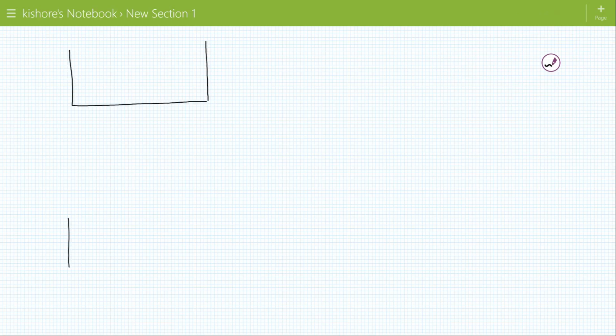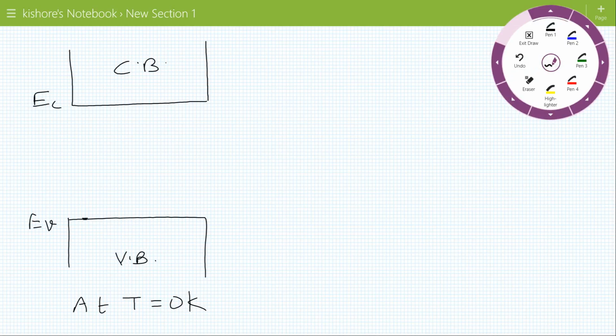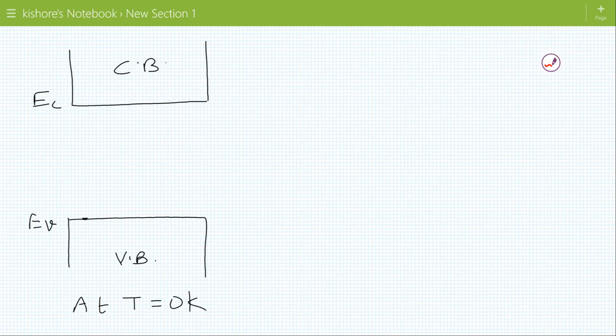In case of a semiconductor, we have two bands, conduction band and valence band, and at absolute zero temperature all the electrons are at a lower energy state, or all the electrons are part of the valence band.